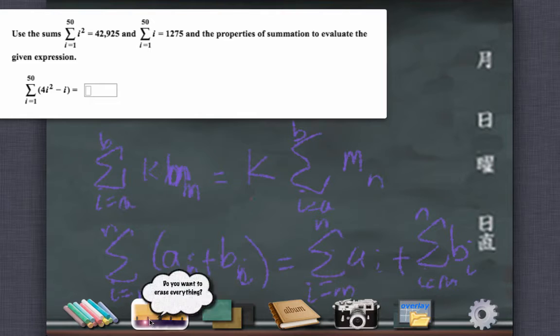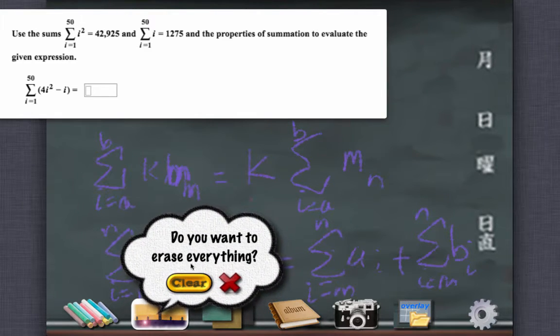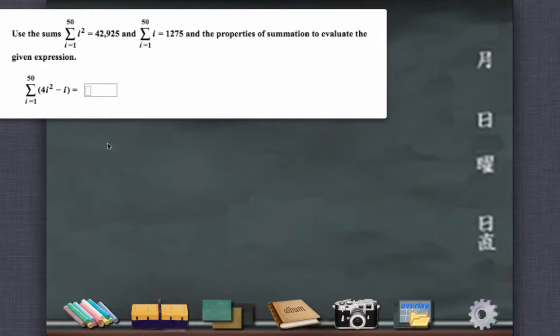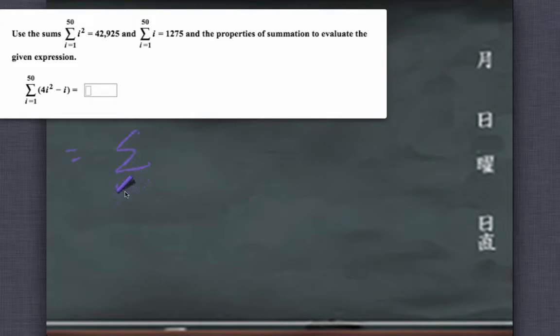So in particular, in this case, this sum equals the sum from i equals 1 to 50 of 4i squared minus the sum from i equals 1 to 50 of i, and then I can take out the 4, and then I've been given these.